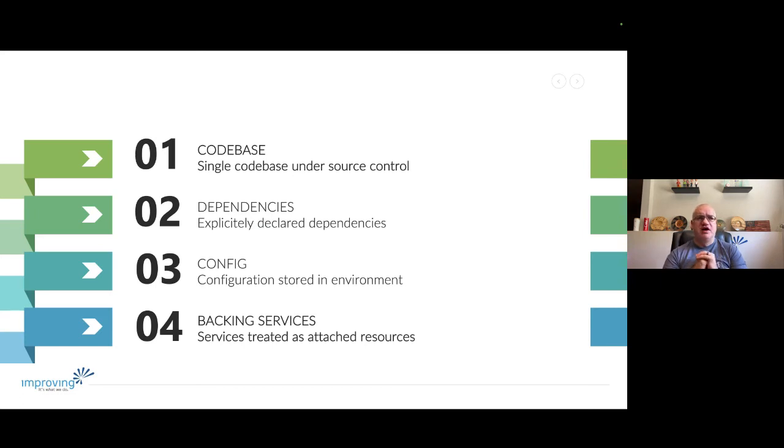Number two on the list is around dependencies. And this is the ability to explicitly declare and isolate dependencies in our application, right? And if you think about this, the way we build most modern applications now is that we've componentized most of these applications, whether we're writing in Ruby and using Ruby gems, or we're writing in Python and using pip, or npm in JavaScript and Node.